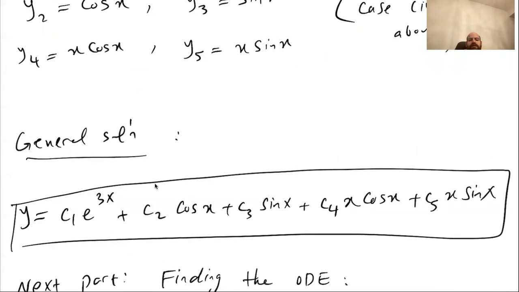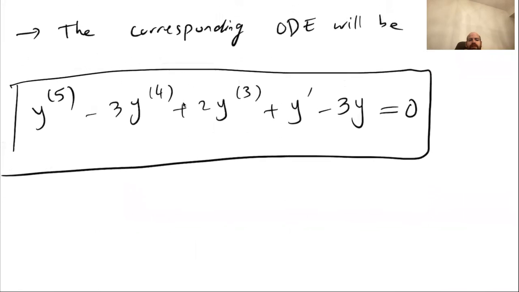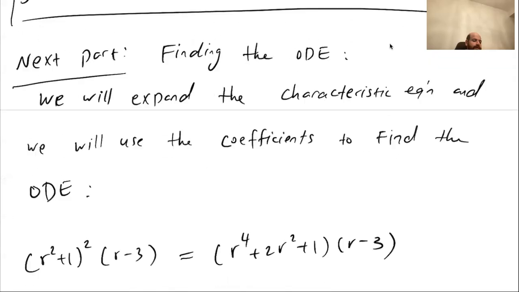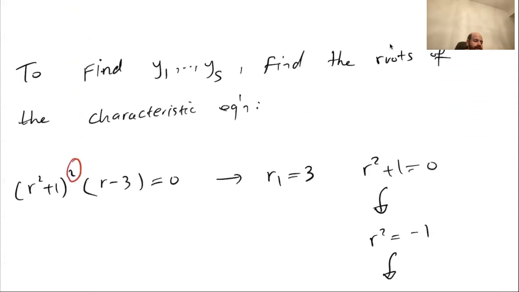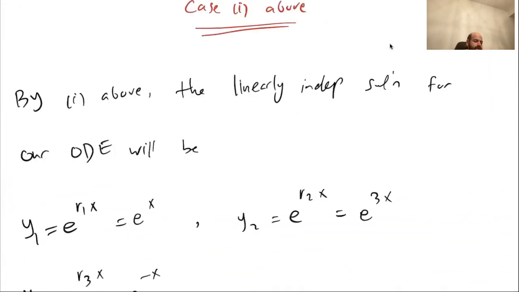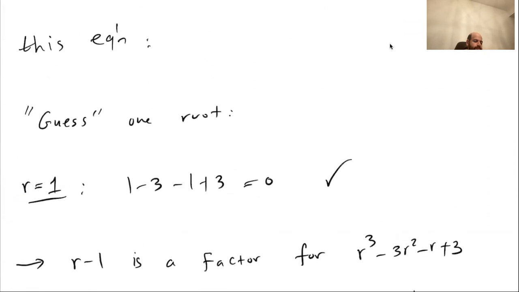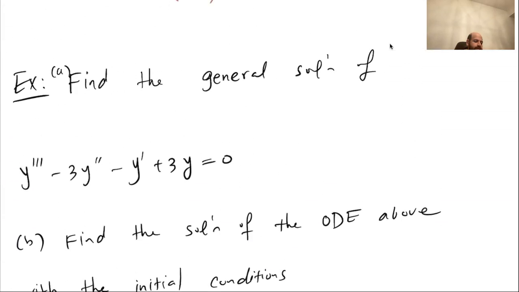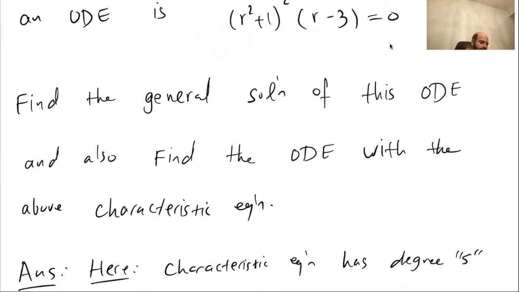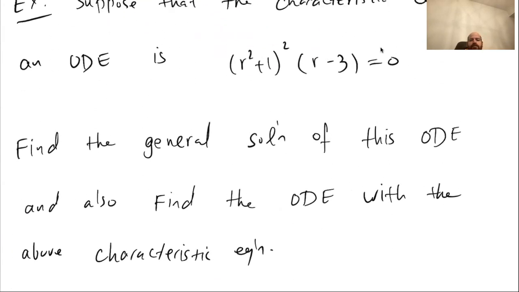So unlike the previous example where we started with the ODE and found the general solution, this time we started with the characteristic equation. We used the characteristic equation to find the general solution, because once we had it, we could find the roots.